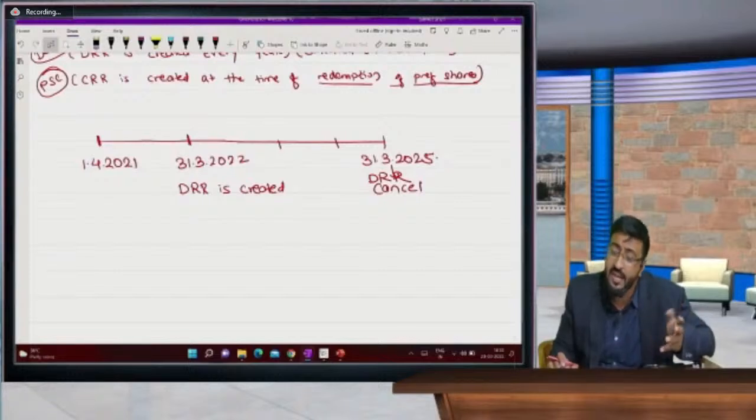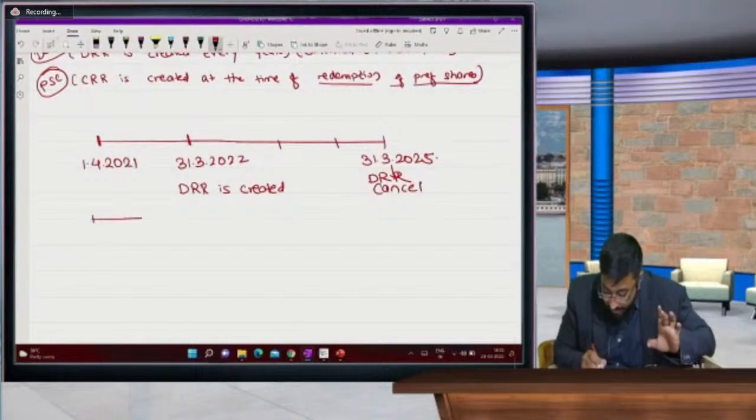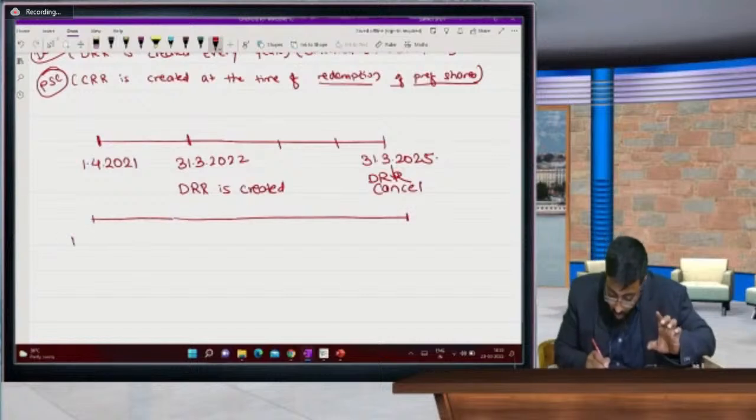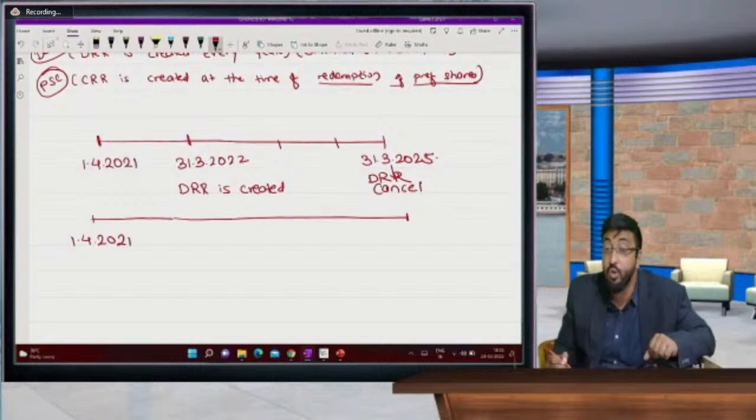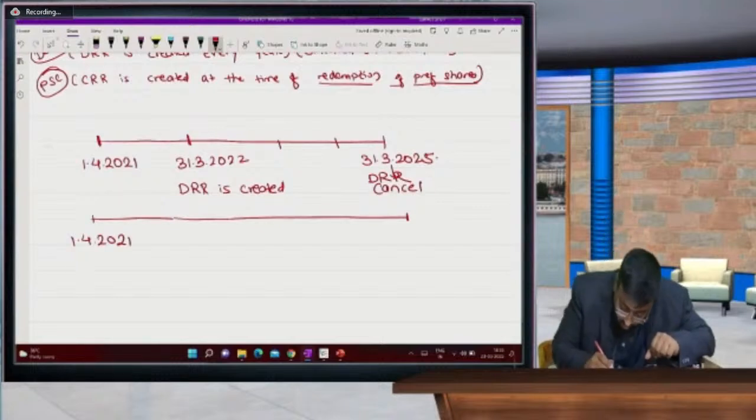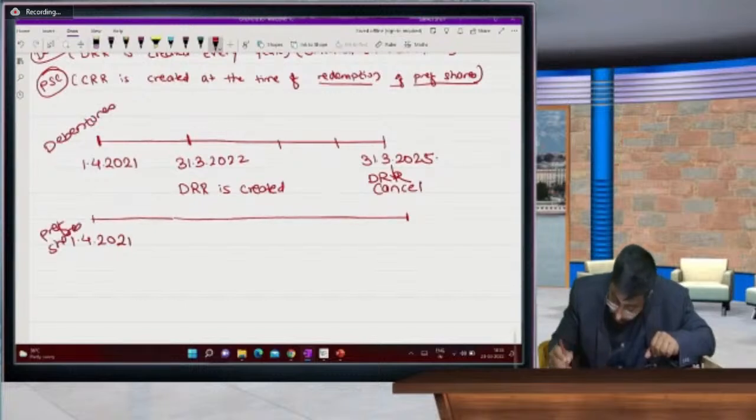DRR, why it is created? Yes, I'm going to tell you the logic. Don't worry. On 1/4/2021, if you issued debentures, preference shares. So this is debentures and this is preference shares. This is the issue date. This is the redemption date.